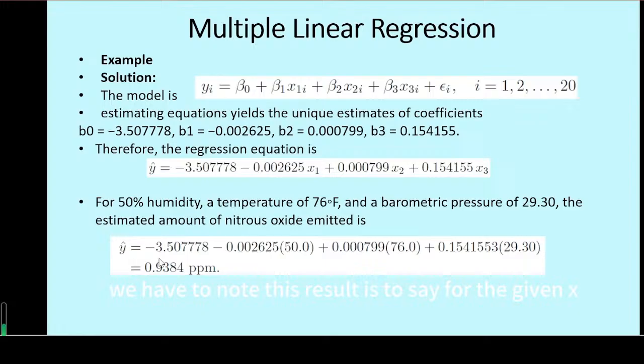We have to note that this result is the mean value of y for the given x1, x2, and x3. This is what a multiple linear regression explains.